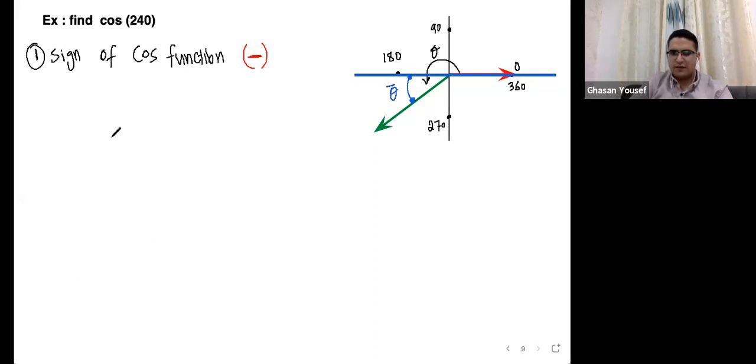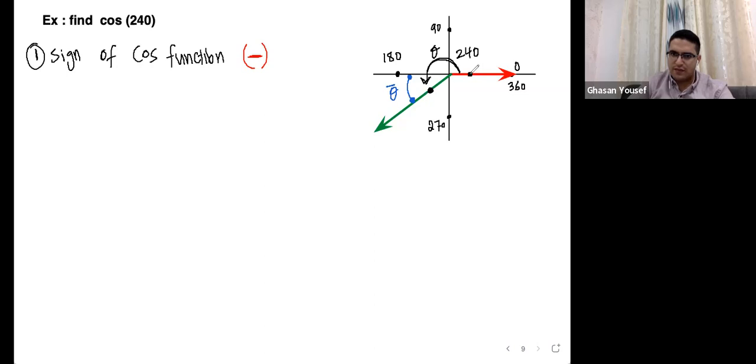So what's the value of my reference angle? As I know, the angle from 0 to here is 240. From here to this point is 240. And I also know from this point to this point is 180. All of this is 240.